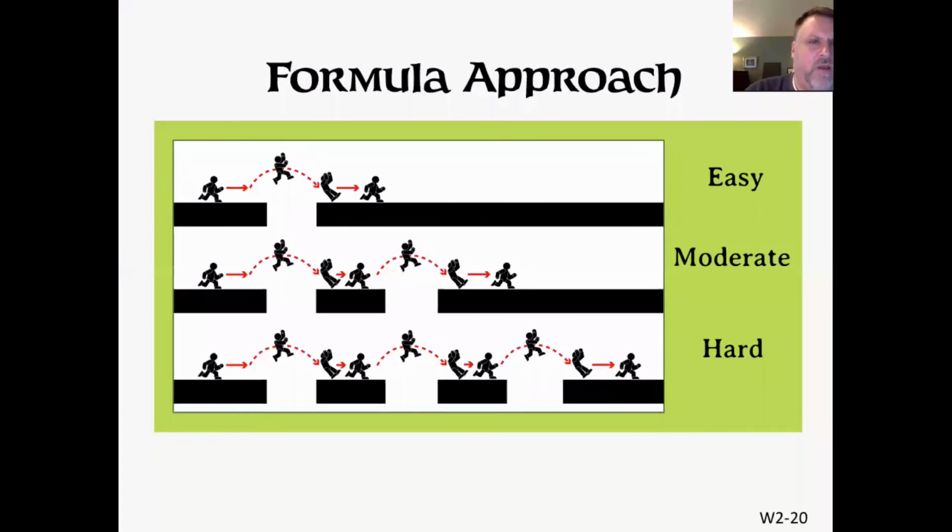So you say, well, if one jump is easy, then 2 jumps is medium difficulty, 3 jumps is hard. And depending on where you are in the game, that's what you want to do.